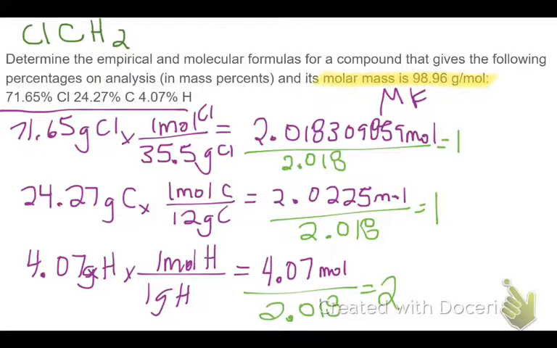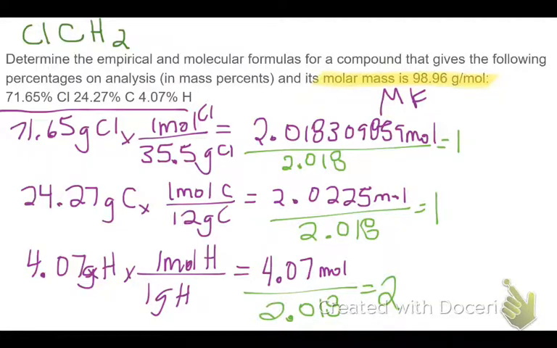All right, so hopefully you got Cl as 1, carbon as 1, and hydrogen as 2. So our empirical formula, which I wrote up at the top left in green, is 1 chlorine, 1 carbon, and 2 hydrogens. In order to find the multiple to multiply to the empirical formula to find the molecular formula, we have to find the molar mass of the empirical formula.